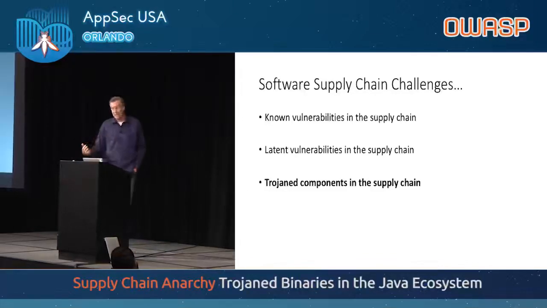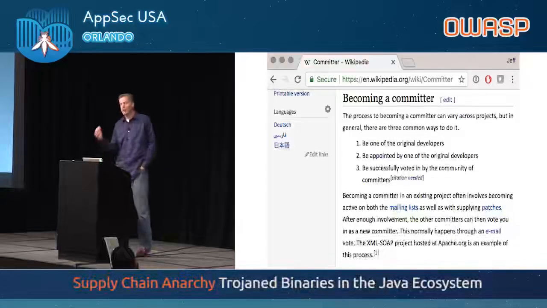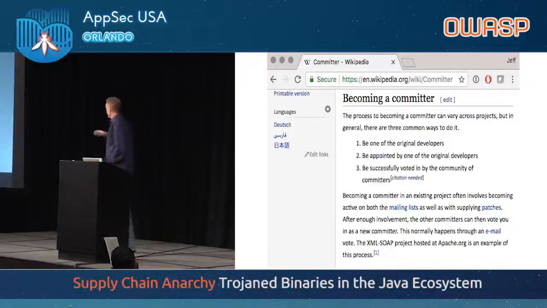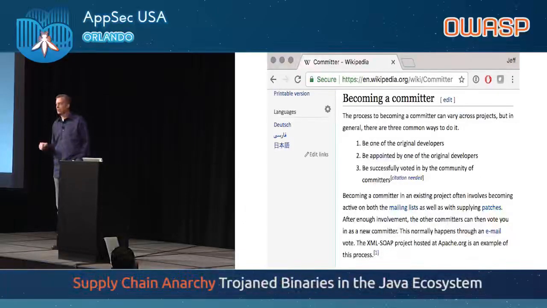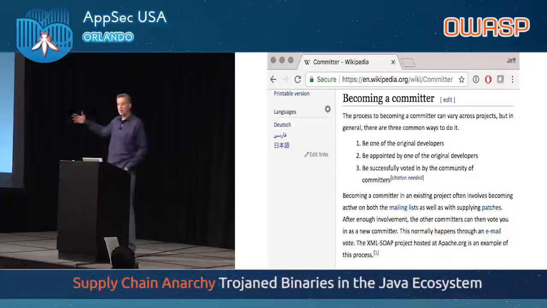Now, this is actually really interesting to me because, again, we trust these libraries with our entire enterprise. So if you want to be a committer to an open source project, there are 3 ways to become that. One, you can be the original developer, so you could create your own malicious library. Two, you can be appointed by the original developers.